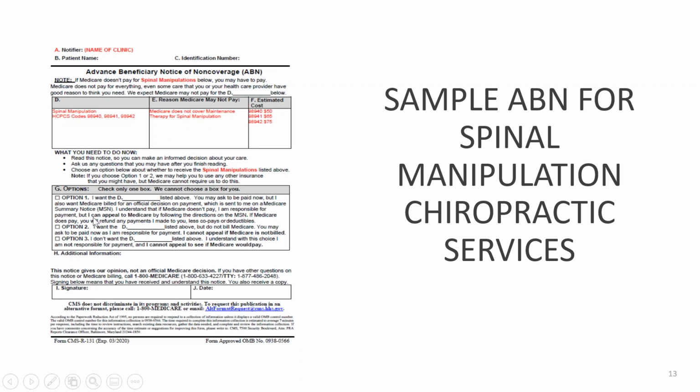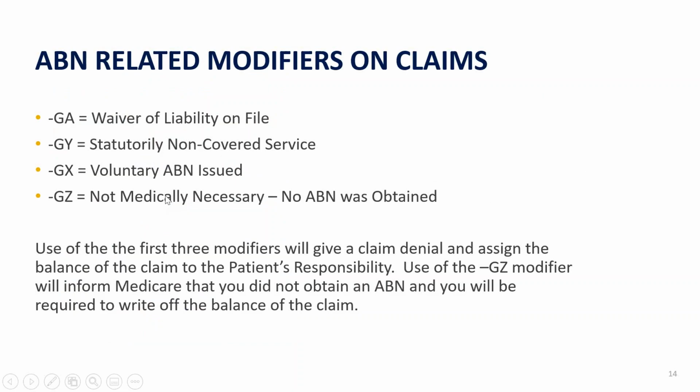Option 1 is you can bill Medicare and they do have appeal rights. Now, if the patient chooses option 1, then you would bill the service with a GA modifier, meaning that you obtained a waiver of liability. And what this does is it will kick the denial over to the patient responsibility instead of the contractual obligation for the provider to have to write that claim off.